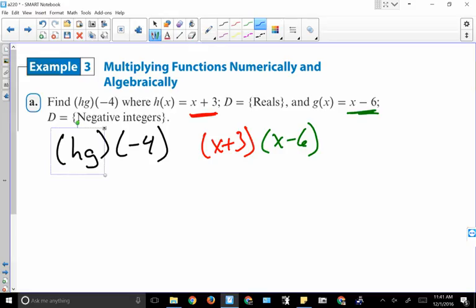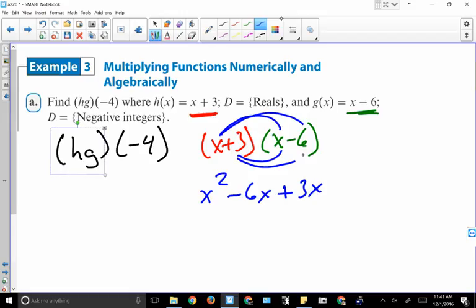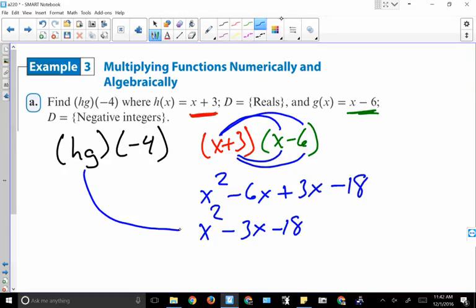So all we got to do is take this times that, x squared, that times that, minus 6x, those two, plus 3x, those two, minus 18. x squared minus 3x minus 18. Now, this is that function. This is what hg of x is.